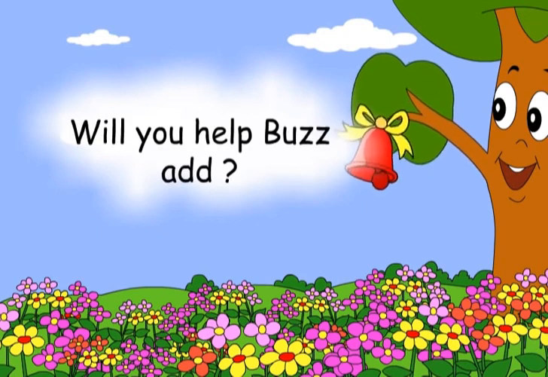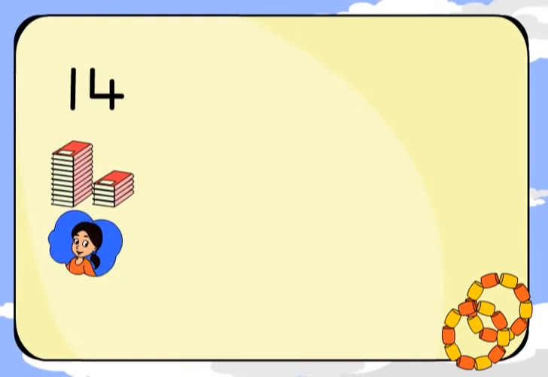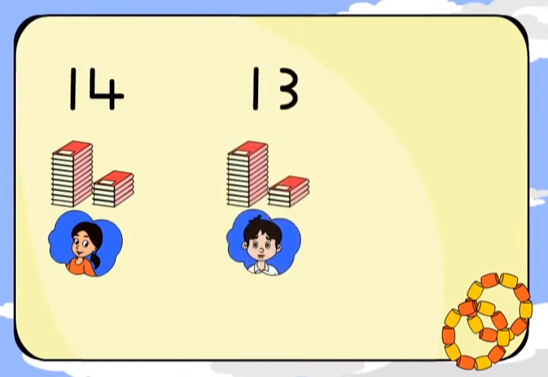Will you help Buzz add? Sheila has 14 books and Sahil has 13 books. How many books do they have in all?